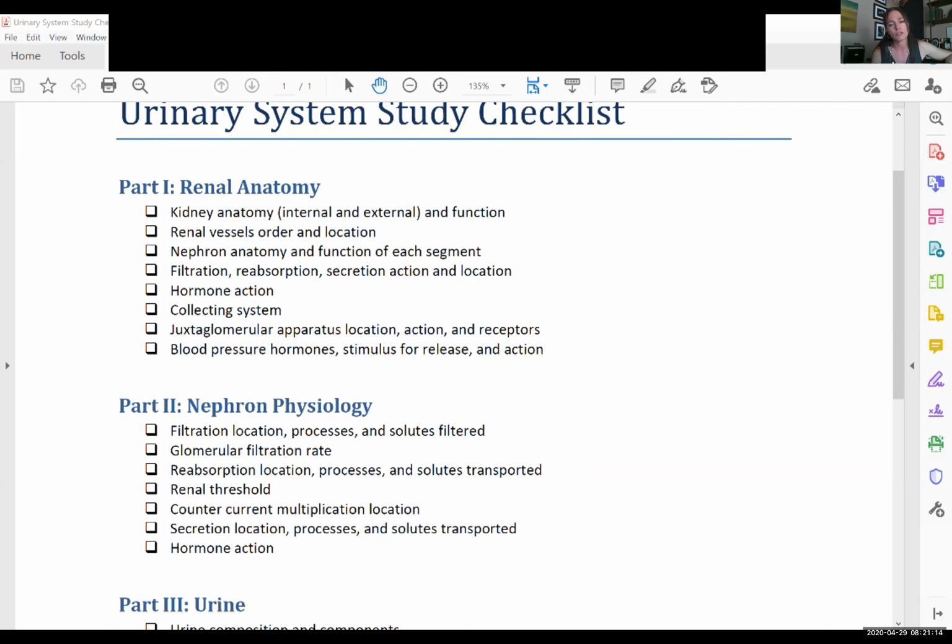So what renal threshold would be is the numeric number, or the top value or amount of something, say glucose or a vitamin, vitamin K or something, that is the maximum amount that we really can handle.